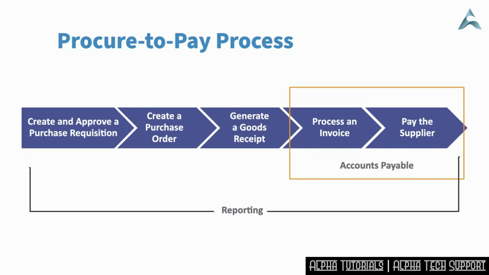Let's say, to continue manufacturing microchips, we need to purchase a raw material like copper. To initiate the process, a buyer at a company creates a purchase requisition for 100 flat sheets of copper. The buyer's manager reviews the purchase requisition, and they agree that yes, the business needs 100 sheets of copper to continue production. So the purchase requisition is approved.